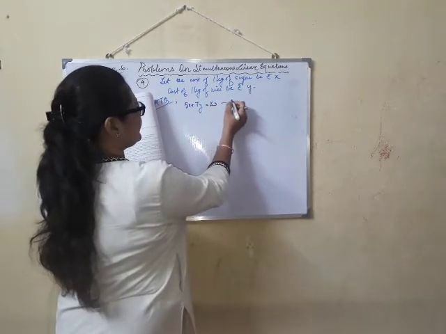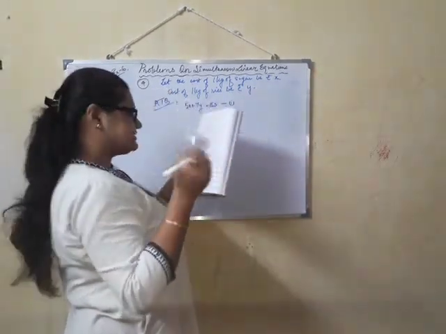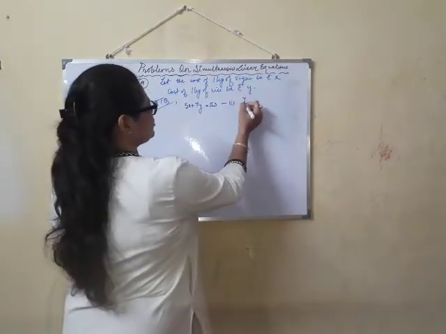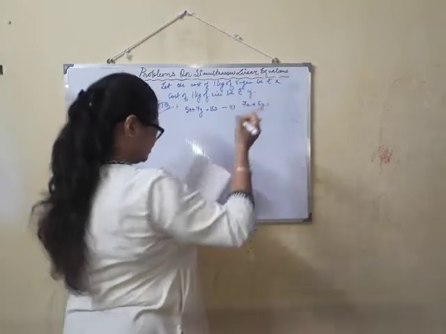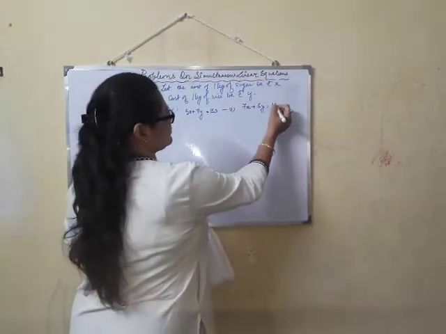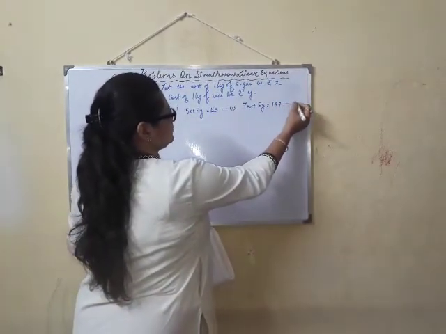So this is one equation which we get. And the next condition states 7 kg of sugar and 5 kg of rice is equal to 147. So this is the second equation.